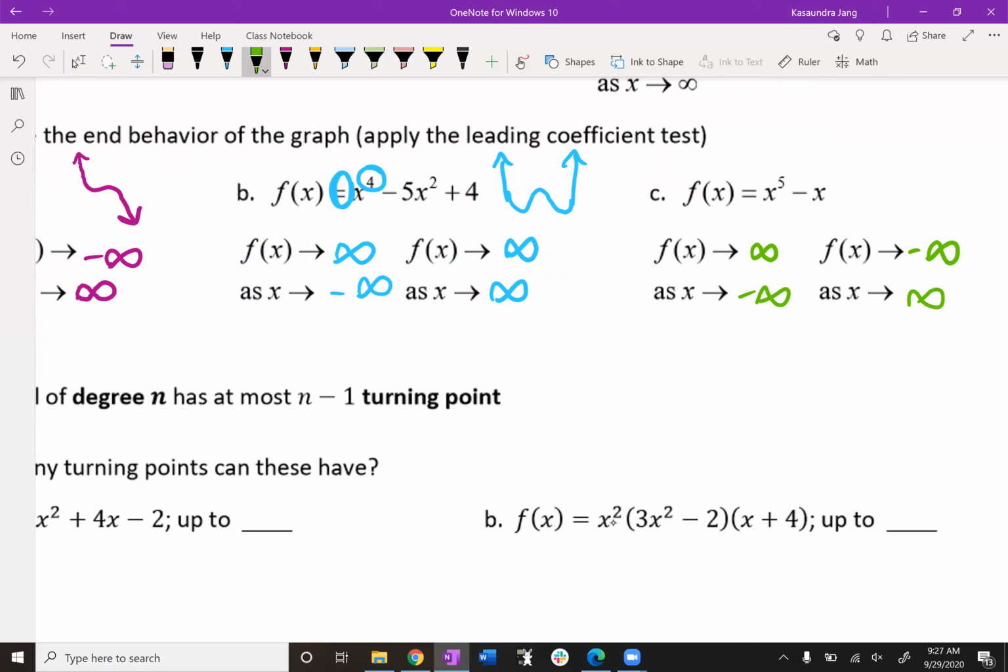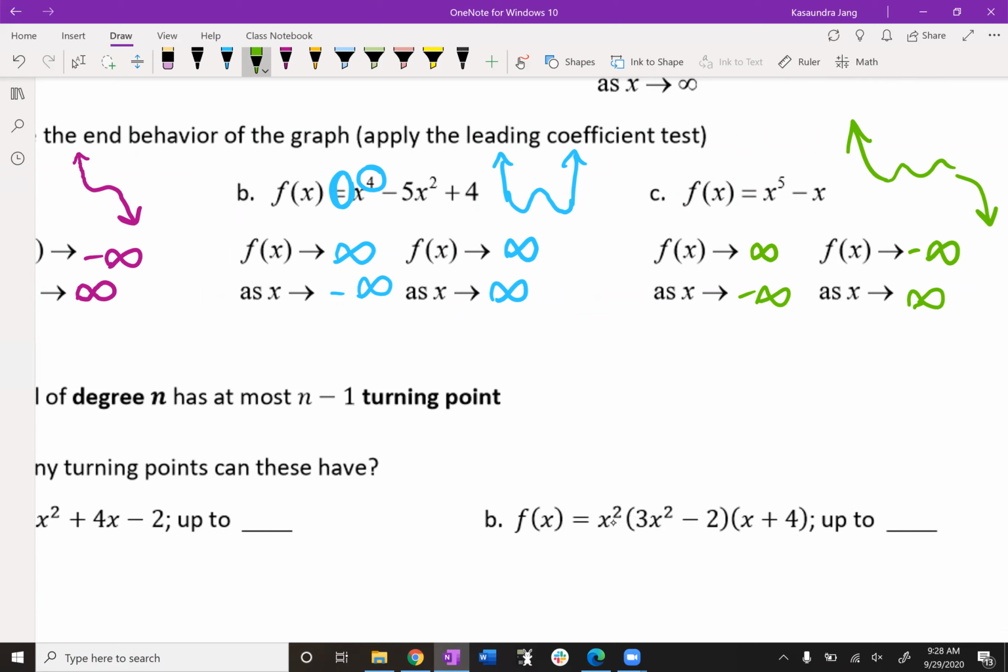Okay, so if I translate what this says: my y's are going up as my x's go to the left, so that's like this end. And then my y's are going down as my x's go to the right. And then it could curve a couple times in the middle, whatever.